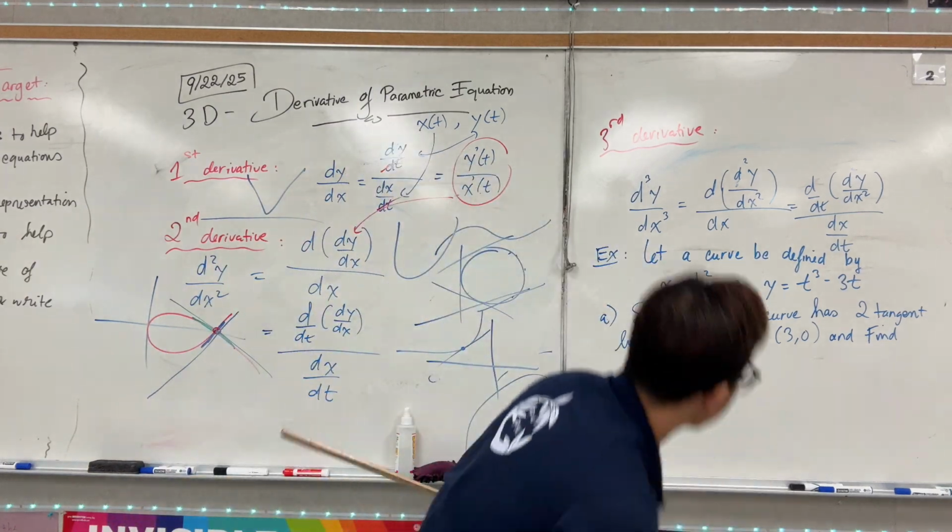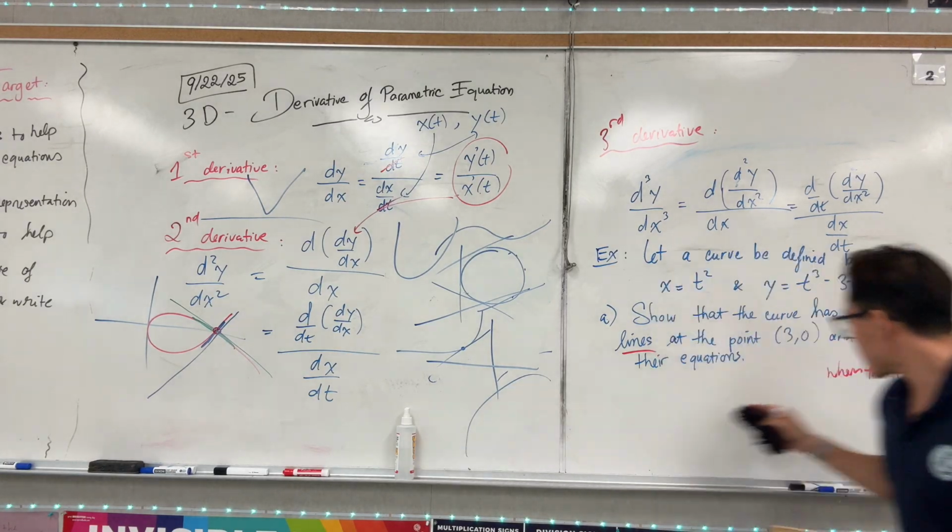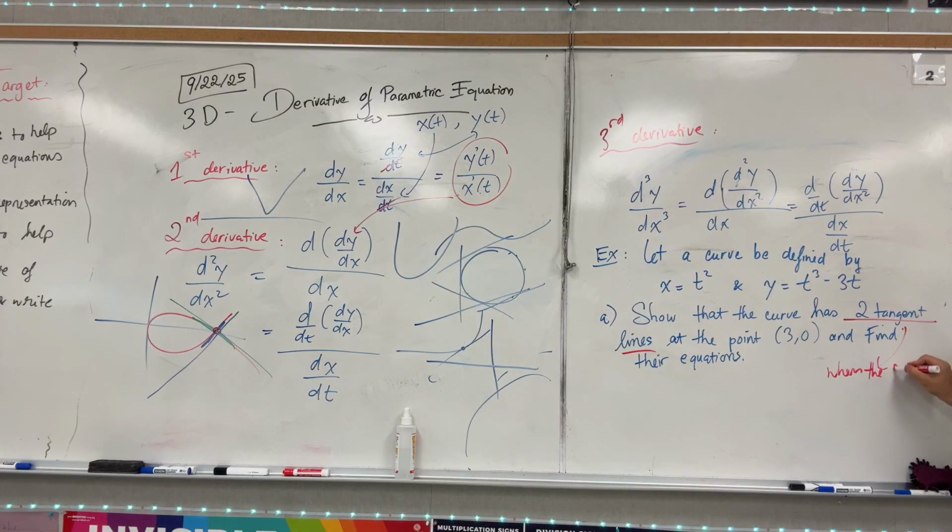Two tangent lines happen when the curve crosses itself.